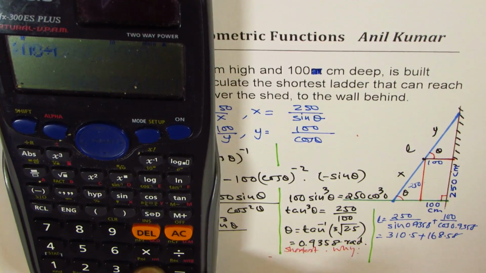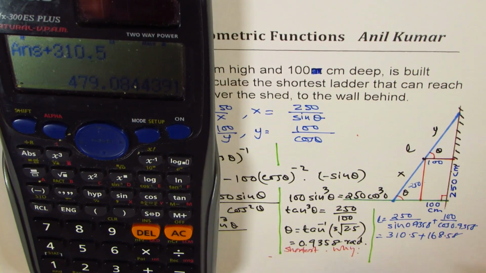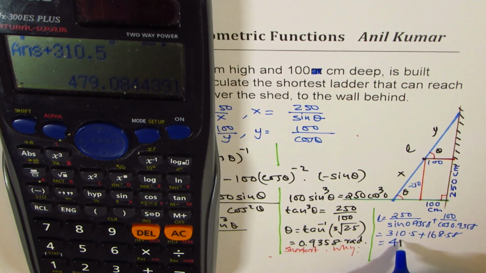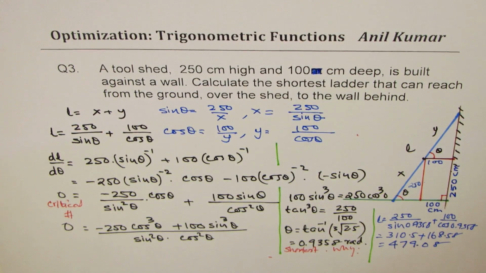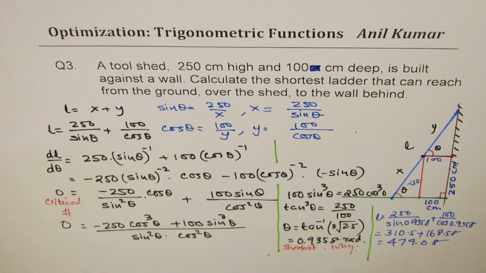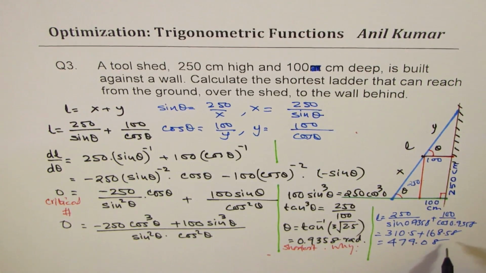Let's add them. 310.5 plus 168.58, we could write this as 479.08. Okay. So around 479 centimeters. Is it okay? So we get our answer as 479.